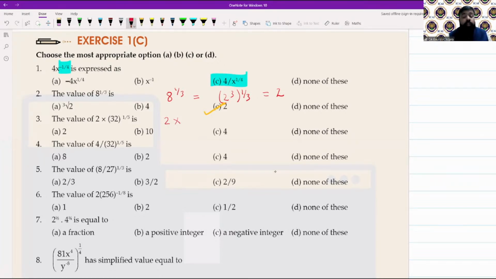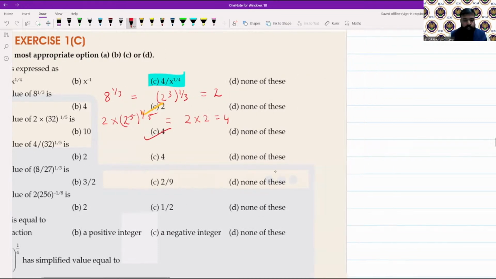So 32 can be written as 2 to the power of 5 and then whole to the power of 1/5. So here 5 and 5 will get cancelled. So what is left? 2 into 2, that is 4. Option number C.